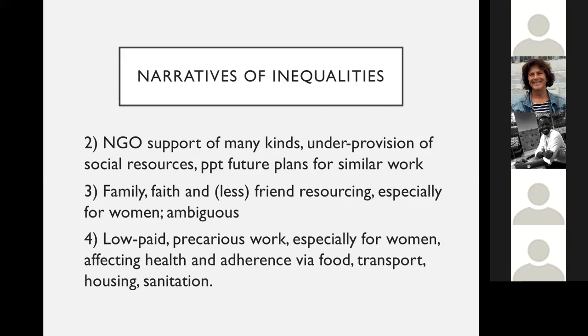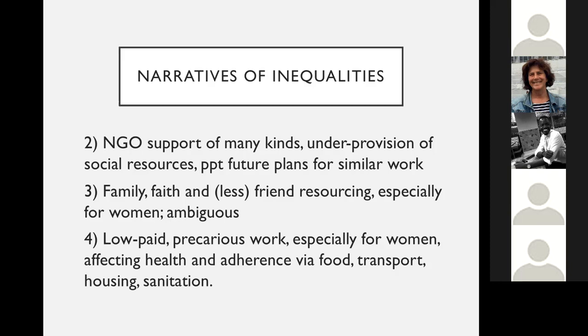Again, the women were mostly affected by these low pay kinds of stories. I think a lot of them really spoke about how the lack of a good job is leading to food shortages. Sometimes you have to walk distances to go and access treatment because you don't have transport money.